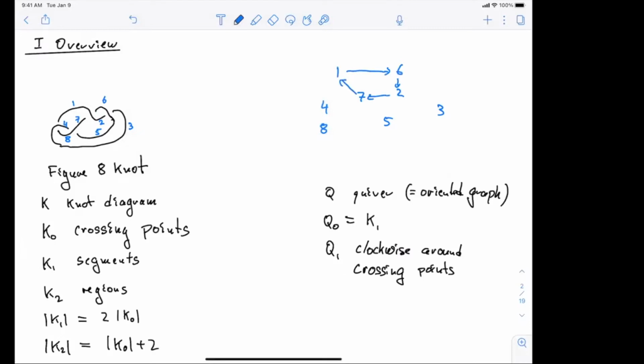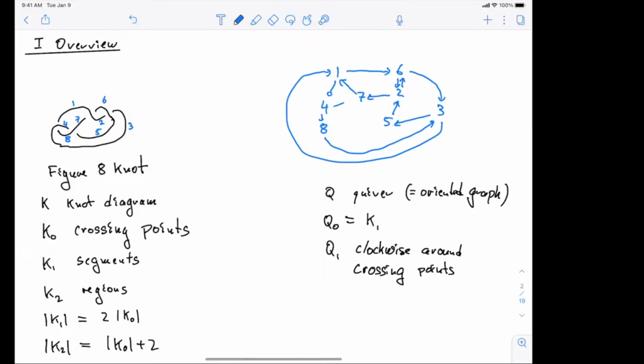And I do this for all the crossing points. So the second crossing point will give me an arrow from 6 to 3, 3 to 5, 5 to 2, and 2 to 6. And there's 2 more, 8 to 3, 3 to 1.